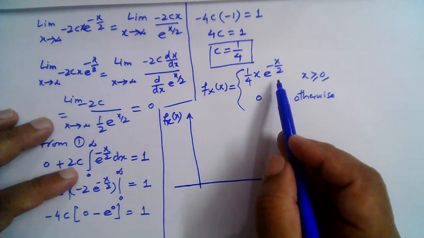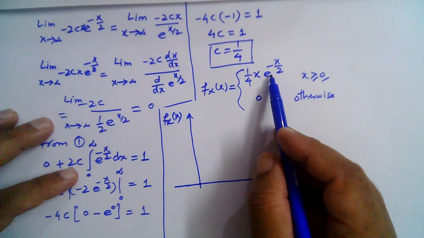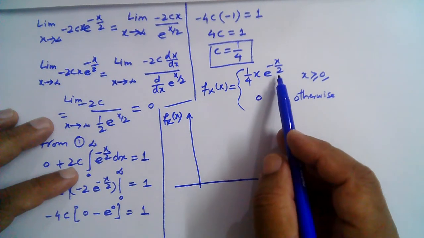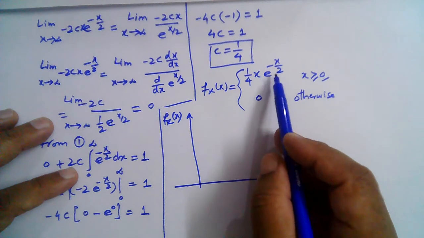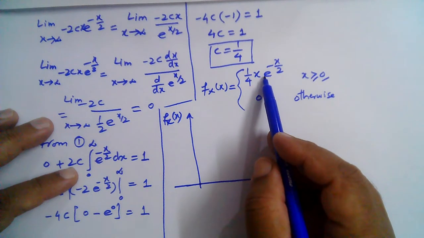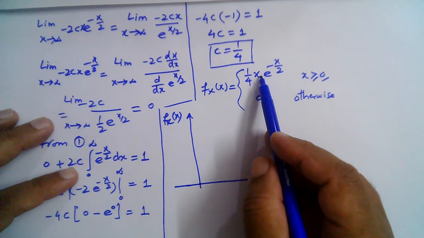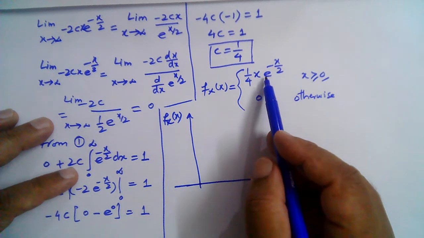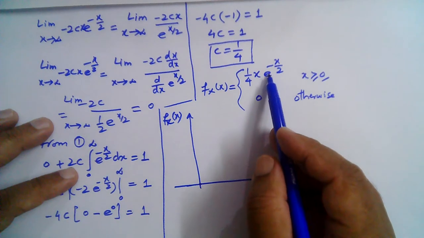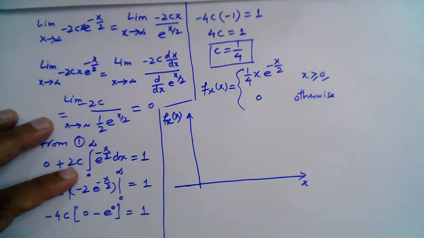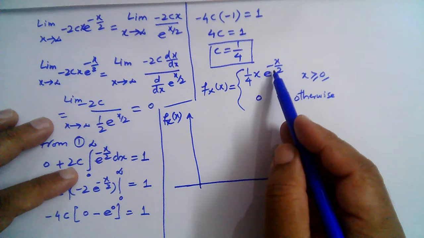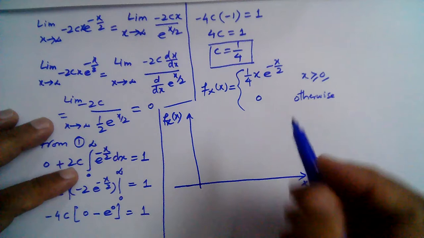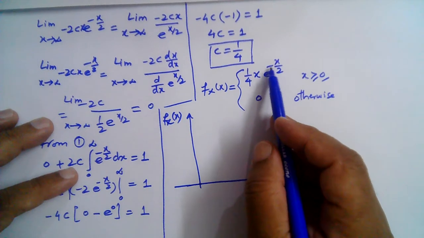And for example, at 1, this is e raised to the power minus 1 over 2. And at, for example, 4, it is 4 over 4 into e raised to the power minus 4 over 2. So with the large values, this term becomes quite small. So up to certain values it increases, but then it becomes small, because this exponent is negative.